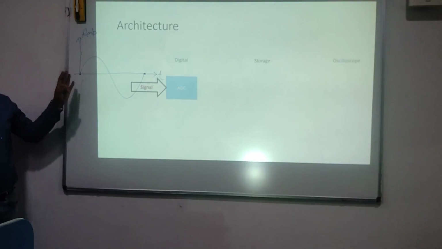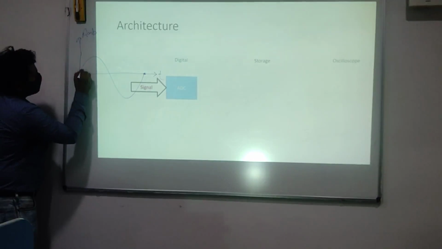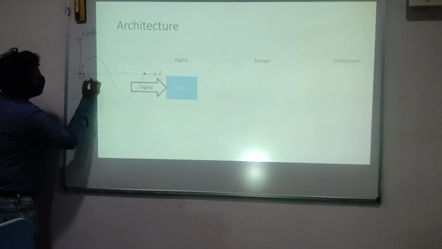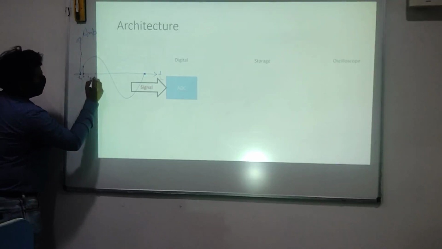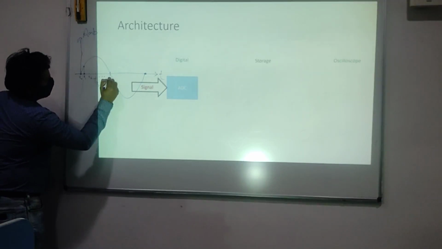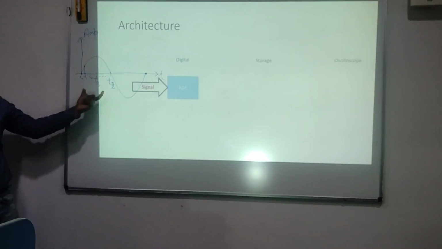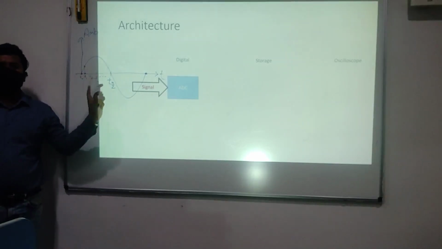This is our axis, and what DSO is going to do at, let's say, T1. This is T0. This is T2. This is T3, and so on. This is Tn by 2. Okay, half waveform, n by 2.